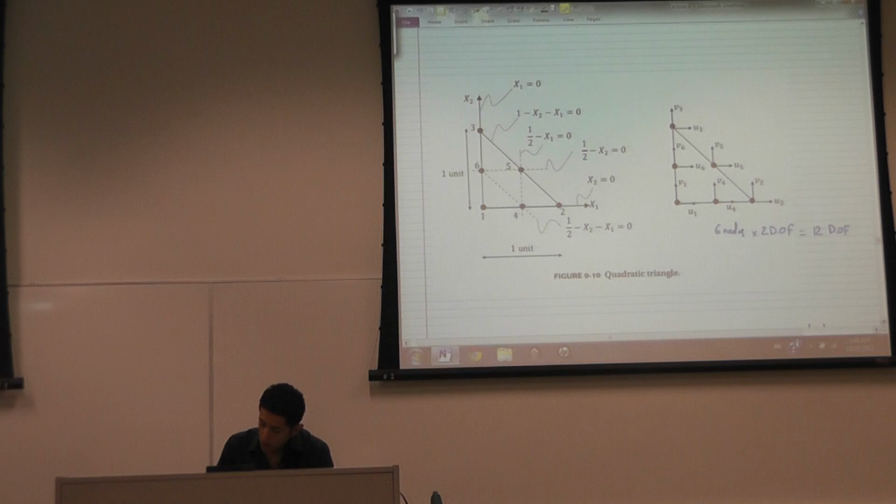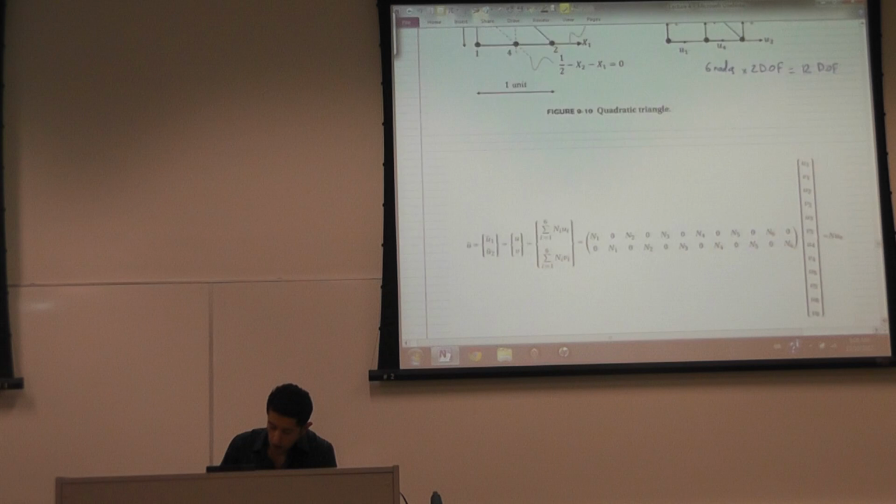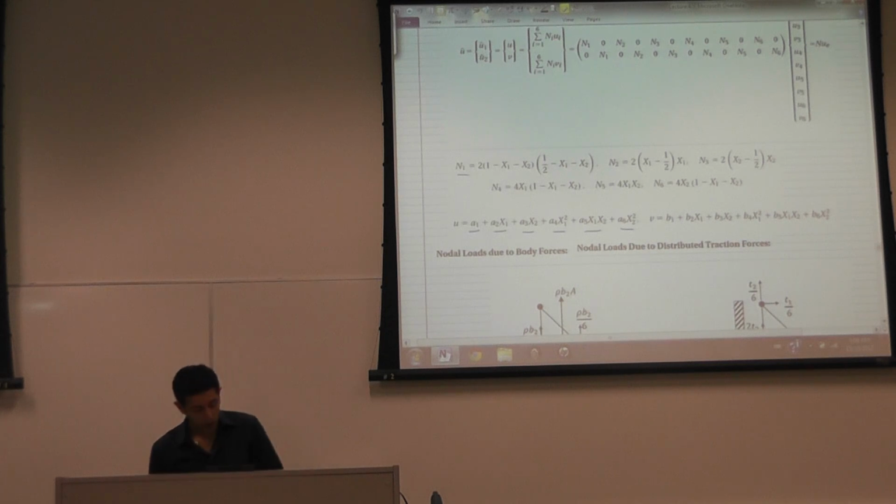The shape functions can be obtained in different ways. The shape functions N1, N2, N3, N4, N5, and N6, according to the 6 nodes, can be obtained by first assuming that the displacement of the element follows the following form. The displacement across the element is equal to a1 plus a2 x1 plus a3 x2 plus a4 x1 squared plus a5 x1 x2 plus a6 x2 squared.